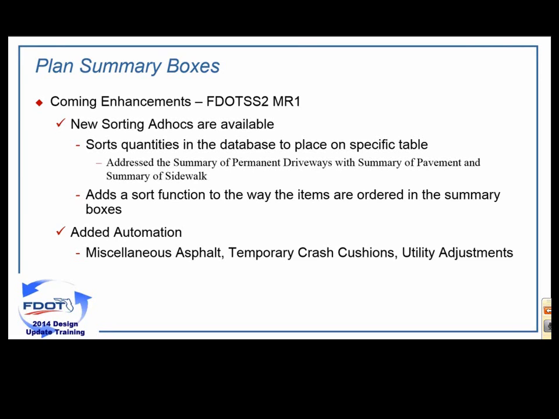But anyway, you simply set that to either roadway or driveway, and then it uses that ad hoc and pulls only those quantities, so I get the right amount of quantities without duplication and without having to create two separate databases to get it all into the correct summary boxes. It's also set up that way for Sidewalk. 6-inch Sidewalk can go in the summary of Sidewalk, but it can also go in the summary of driveways.